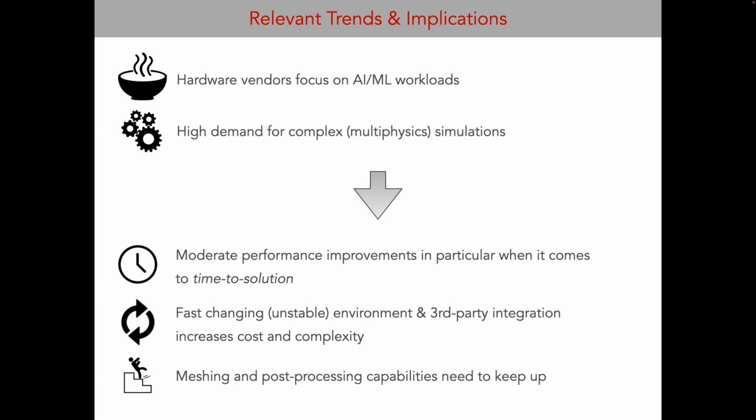And the implication of that, at least for us, is we only see moderate performance improvements when it comes to time to solution, simply because this AI/ML optimized hardware might not translate into substantial improvements for our workloads, because the requirements for AI and classical HPC workloads are diverging.